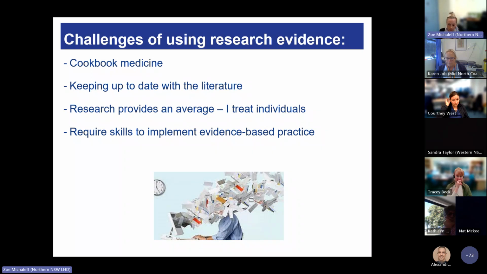Using an evidence-based practice approach is not without its challenges. And some of the common criticisms of evidence-based practice and using research evidence are listed here. So first of all, using research is often seen as a cookbook medicine approach. It's too prescriptive and doesn't pertain to my patient standing in front of me.